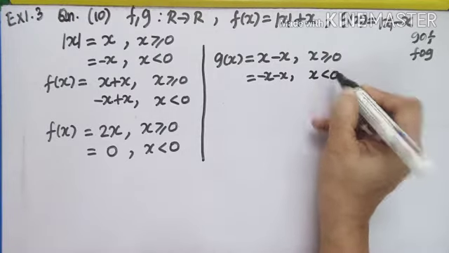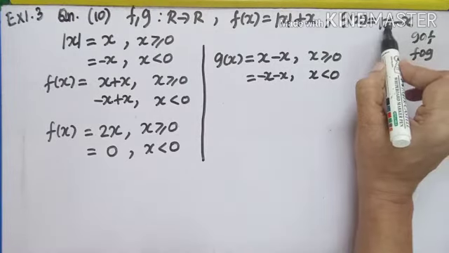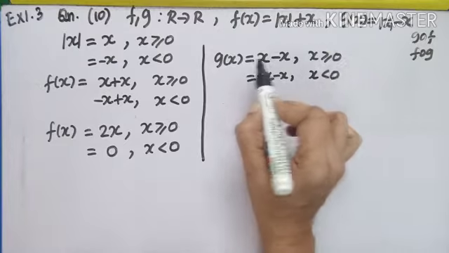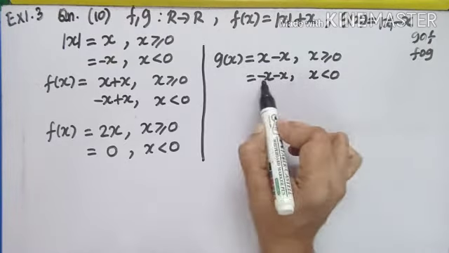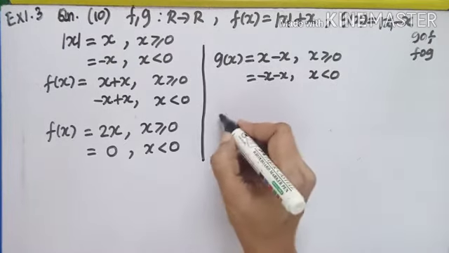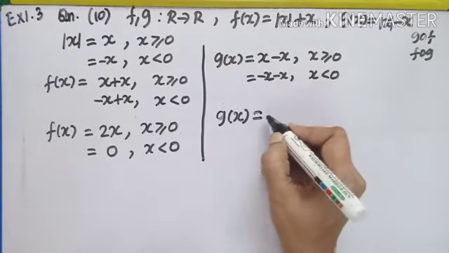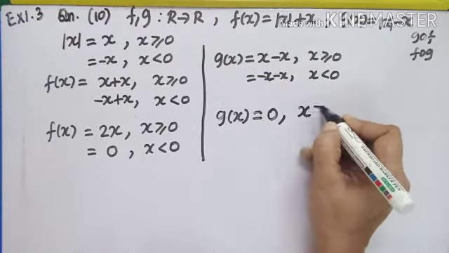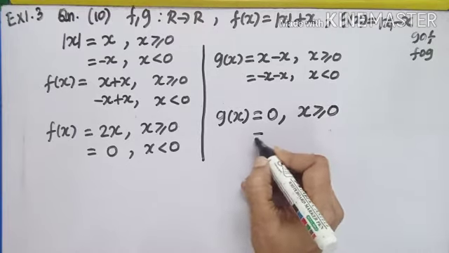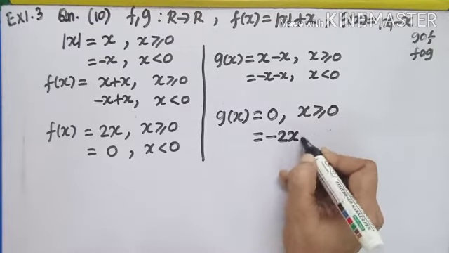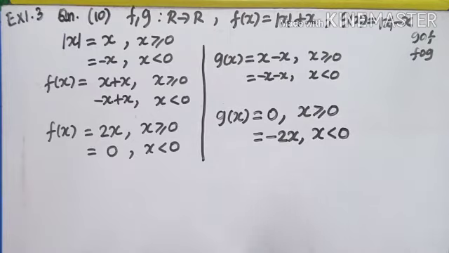Wherever mod x is coming, positive I put plus x, negative I put minus x. Simplify: g of x equals x minus x, which is 0, when x is positive, and equals minus 2x when x is negative.